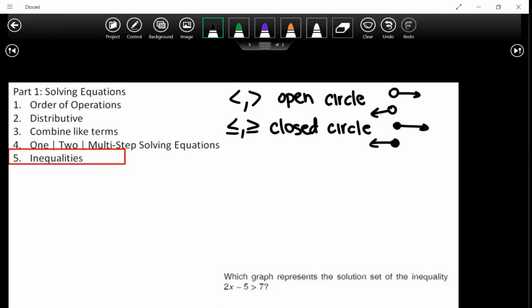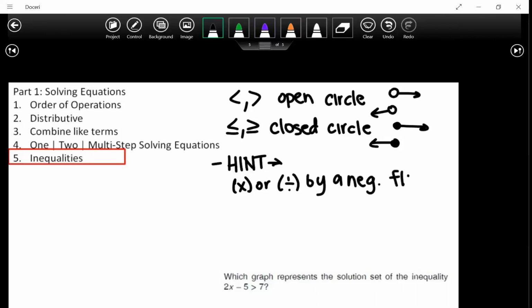We have an open or closed circle when we do it on our number line. The hint, or the note, is that multiplying or dividing by a negative flips the sign.